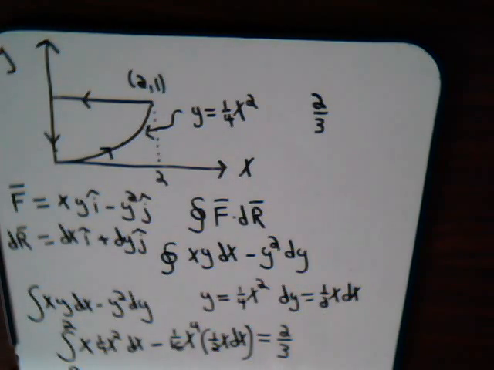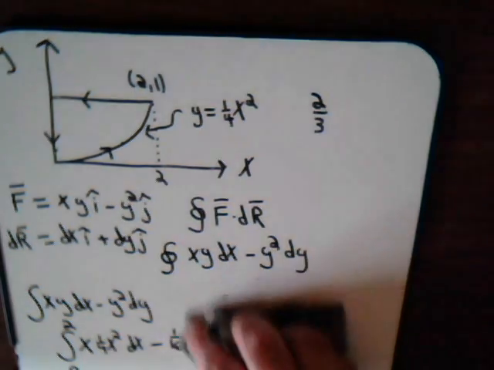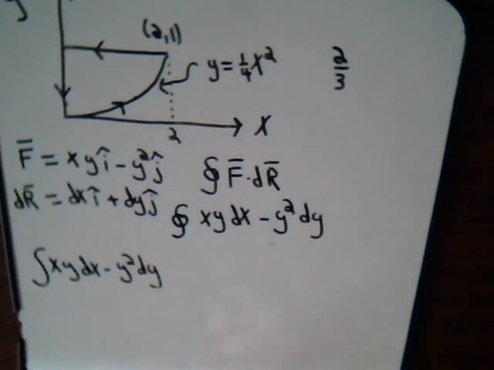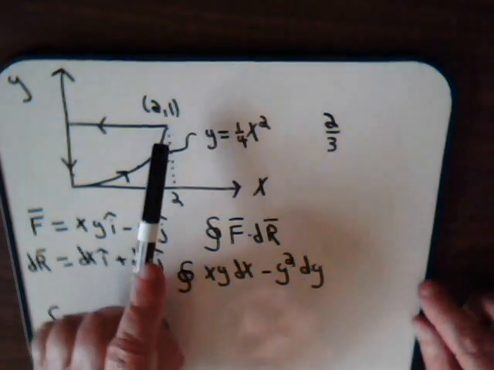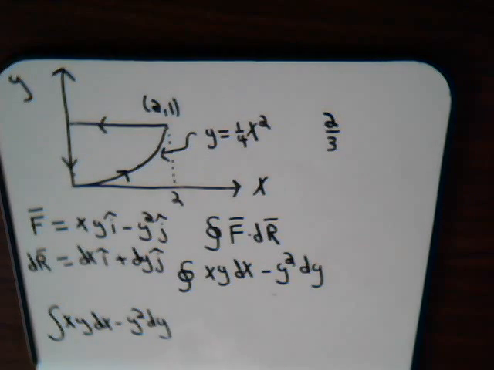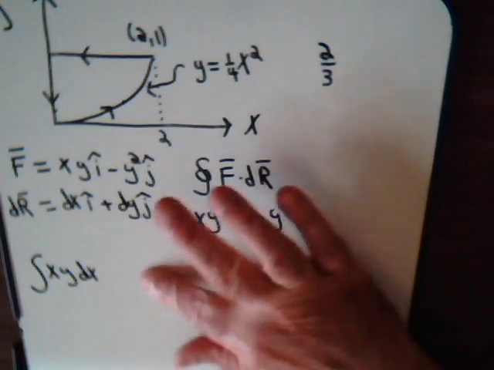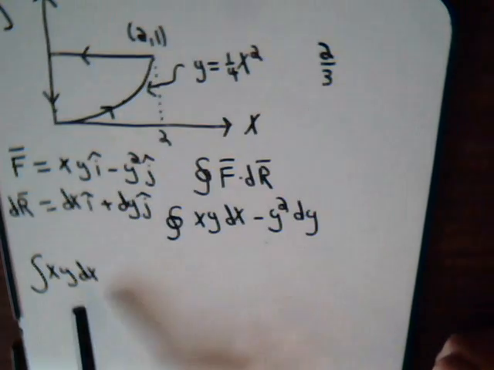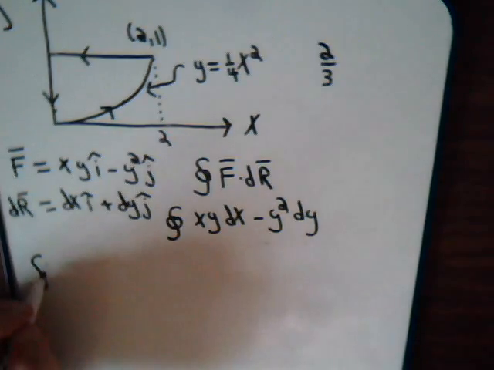So let's deal with that part. Now here, this is our integral, but obviously along this horizontal line, dy is going to be 0. So this is just 0. And along this horizontal line, y has a value of 1. So that's just 1. So we just have x dx.